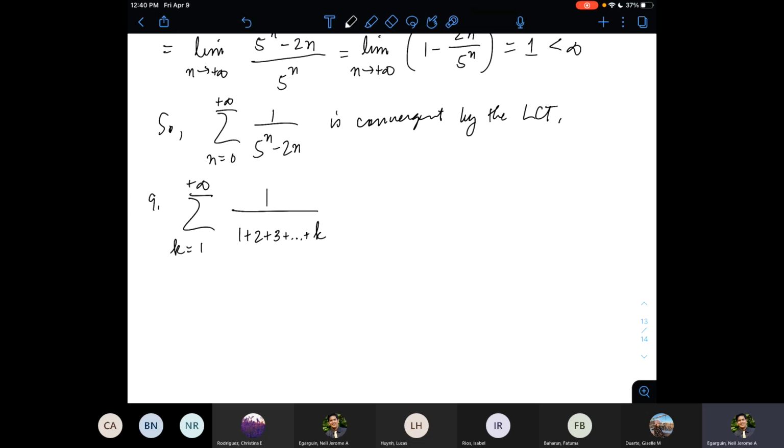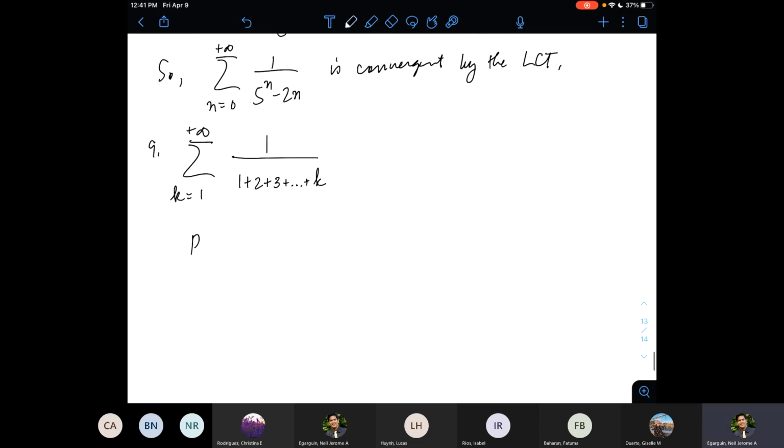But when k becomes large, the nth term becomes close to 0. So that means the basic test for divergence won't apply. Another thing is that this seemingly will not fall under any of the special series that we have met earlier. So I guess we need to do a little bit more work for this.